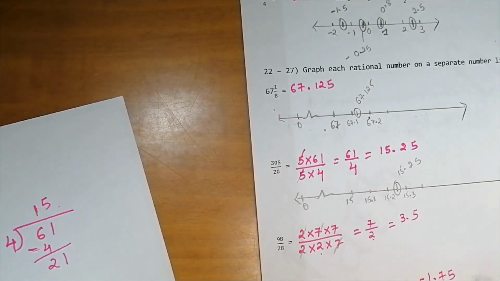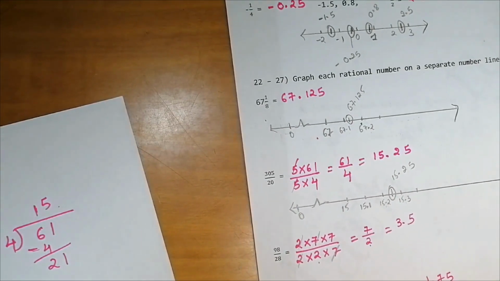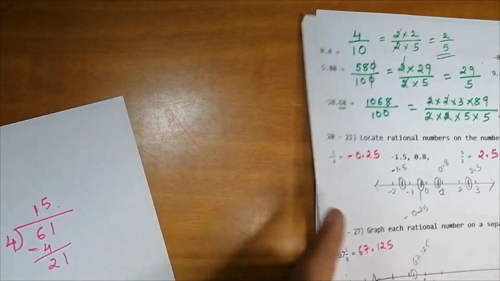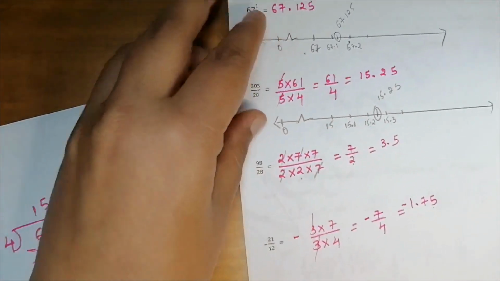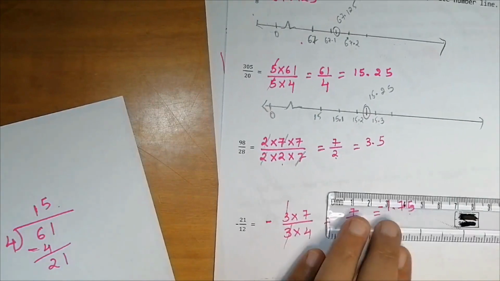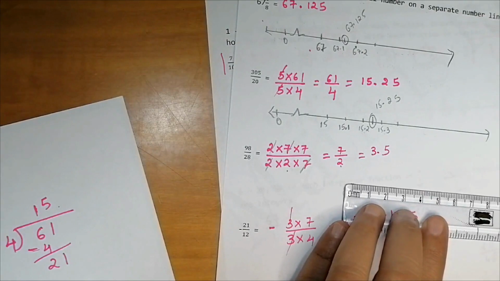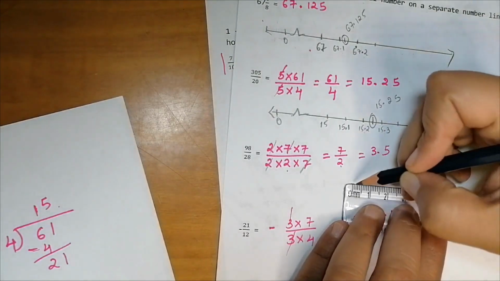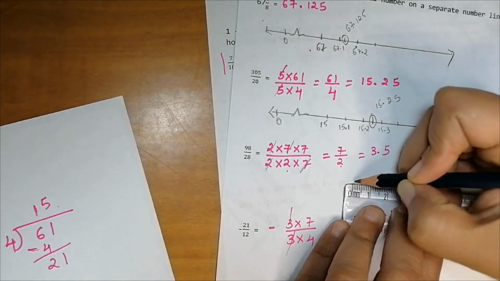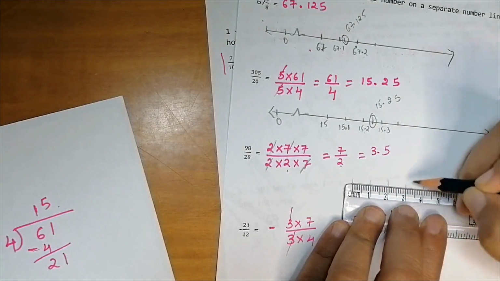Okay, and as we have said, take what is convenient and easier for you. Don't just plot all the numbers which are not required. Plot what is needed and make it neat and clean. Now what you have next is 3.5, right? So how are we going to do that? Normally, this is my 0 1 2 3 4 and 3.5, right?